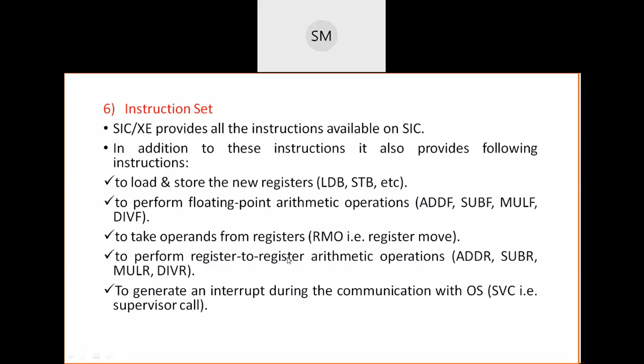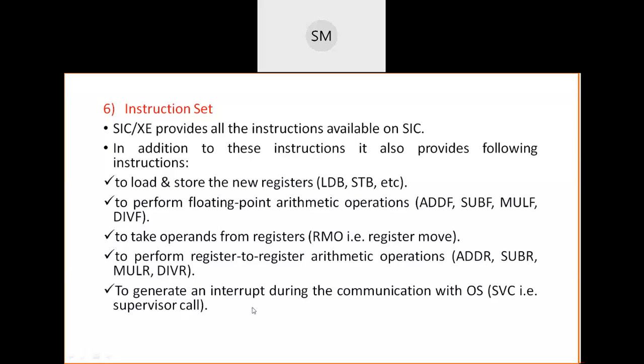And how to identify it? Just one tip, or a trick, I am telling you. Immediately after your instruction, if there is a capital R, then you should understand that it is a register to register instruction. And particularly here I am discussing register to register arithmetic instructions: ADDR, SUBR, MULR, DIVR.